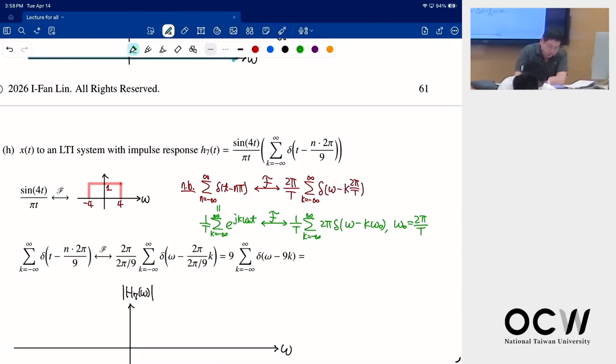So the Fourier transform of this impulse train will be also like every nine I have an impulse. Every nine I have an impulse. The magnitude is 9.